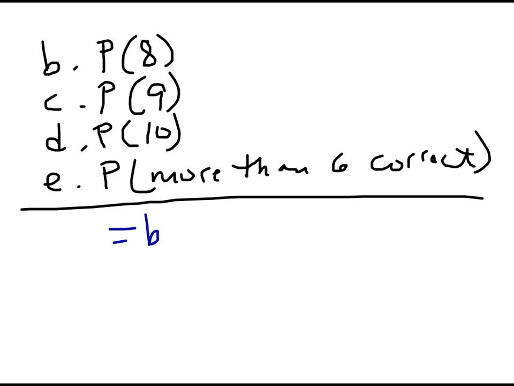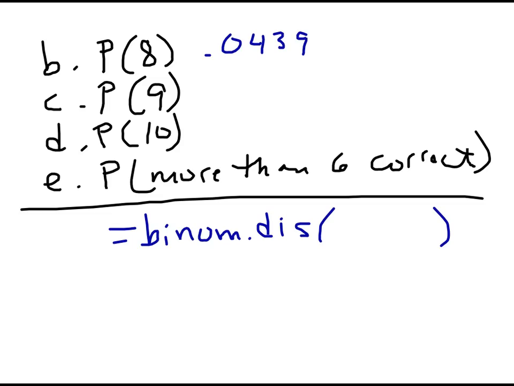Alright, so using this command, the probability of getting exactly 8 correct is 0.0439. The probability of getting 9 correct is 0.0098. The probability of getting 10 correct is 0.00098.